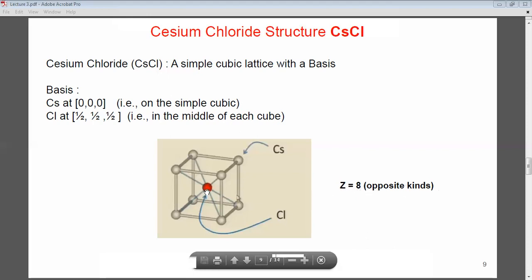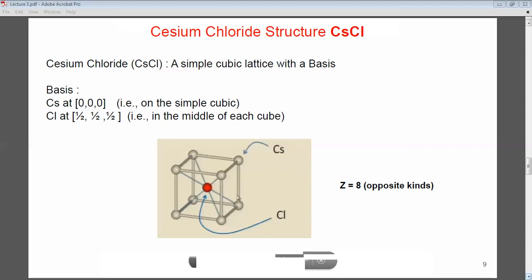If this is chloride over here, all these are cesium. You might think of it that way, as having cesium at the corners of the unit cell and the chloride in the center of the unit cell. But that's kind of arbitrary that we chose it that way.